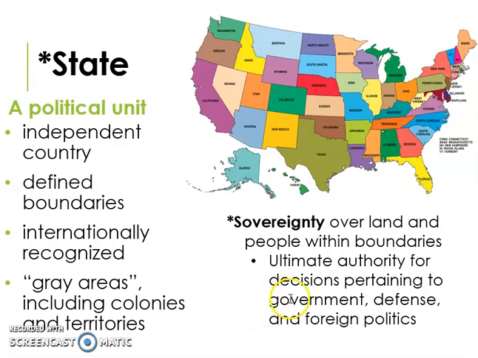Obviously, big ones include government style, what type of defense systems they might have, as well as foreign policies on how they're going to interact with other states. And then there are micro units or subunits to sovereignty.